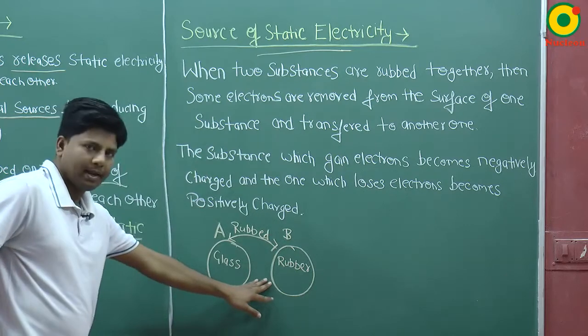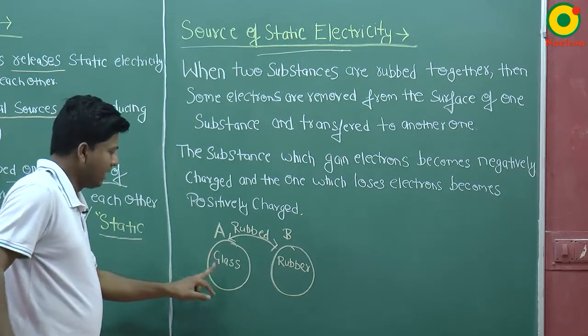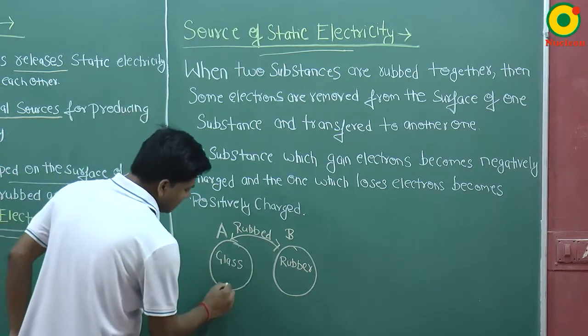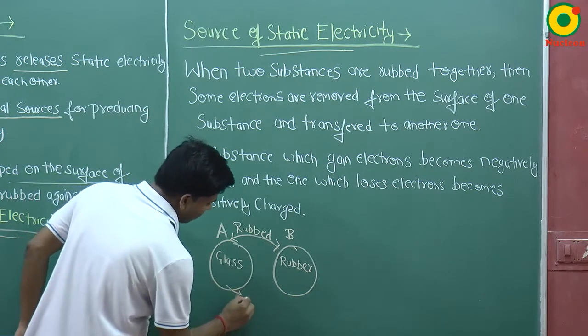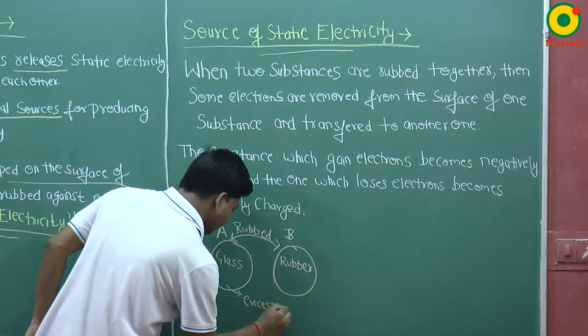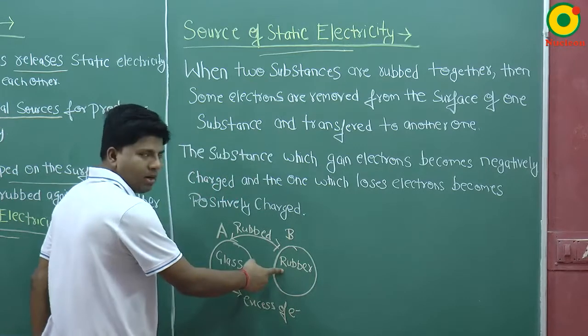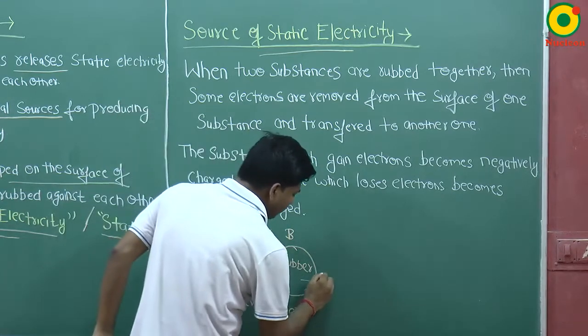So what will happen? Body A, which is glass, has an excess of electrons, and body B is electron deficient.